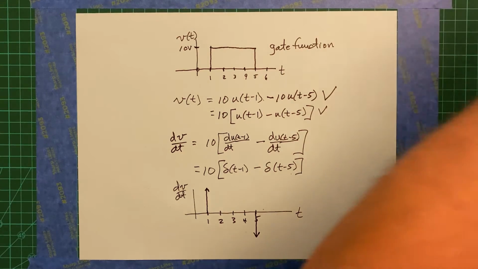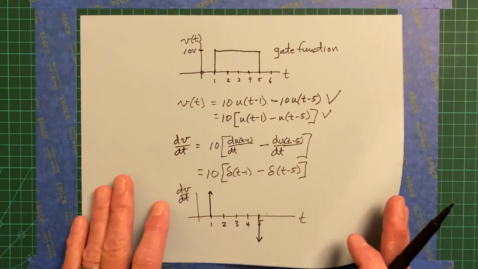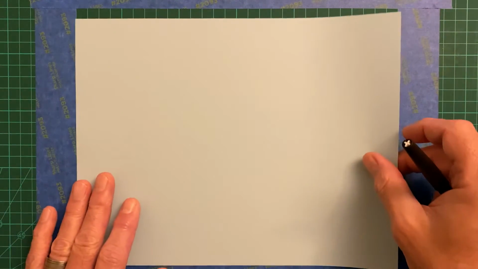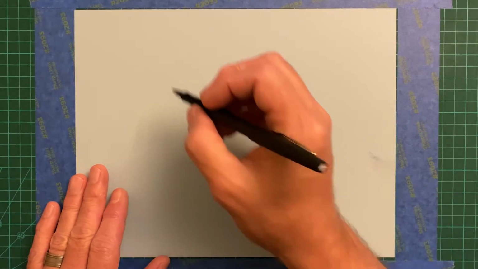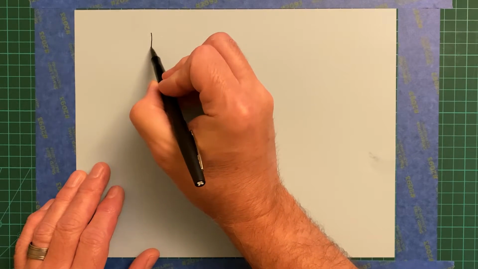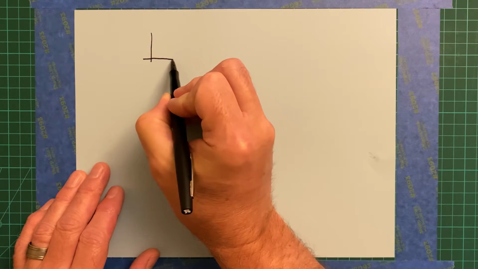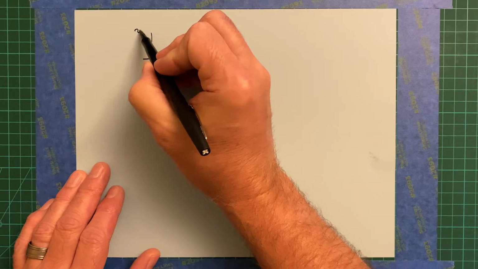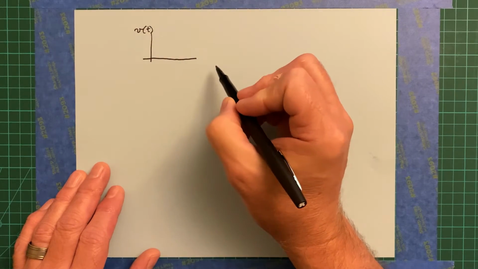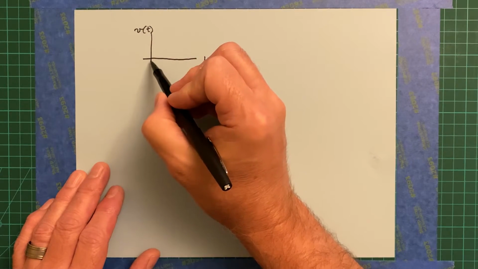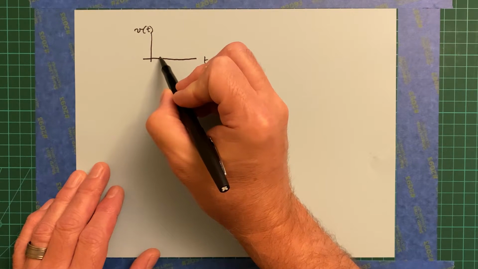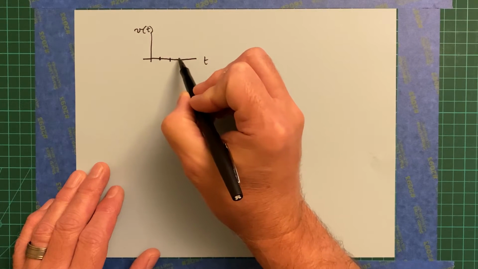Let's see if I can find another problem that we might want to work. Yeah, here's a good one. Let's say we've got a voltage function that looks something like this. This is V of t versus t, and let's say from 1, 2, 3.